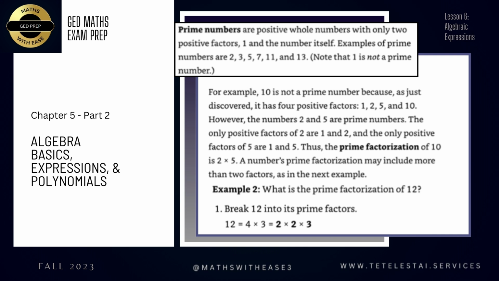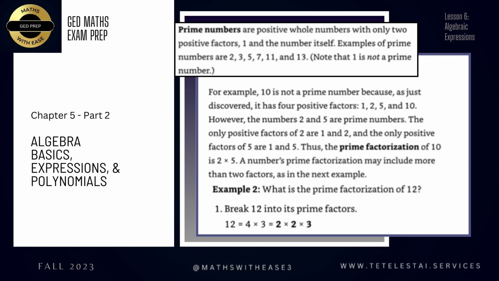However, the numbers 2 and 5 are prime numbers. Why? Because they're divisible by only 1 and themselves. The only positive factors of 2 are 1 and 2, and the only positive factors of 5 are 1 and 5. Thus, the prime factorization of 10 is 2 times 5.